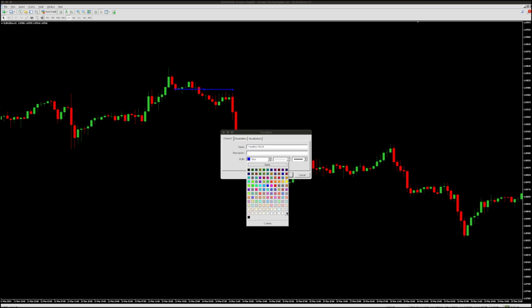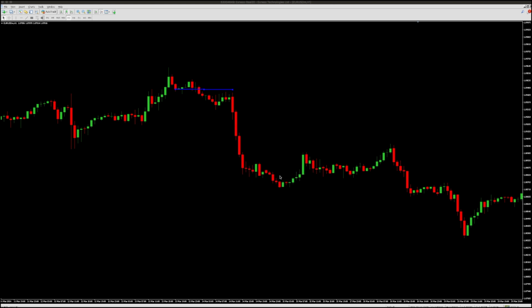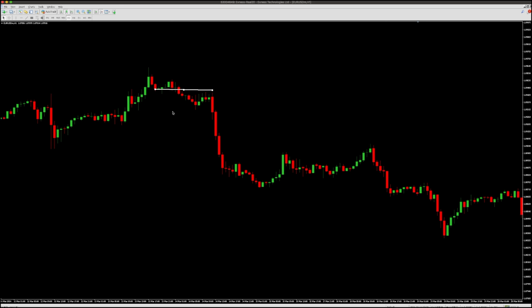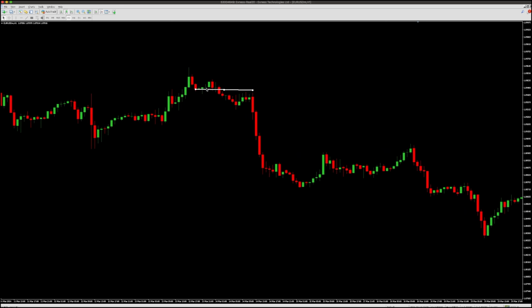Okay, let's use white. For example, you enter your first trade here. When you enter your first trade here, I think you guys can notice that the market just doesn't push to the downside after you enter. The market gives you these green retracement candles going up.